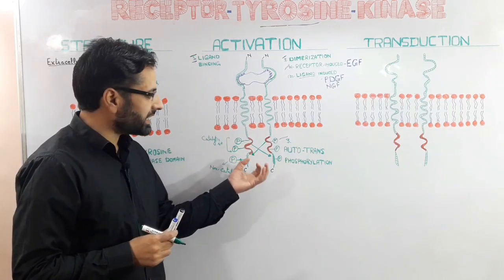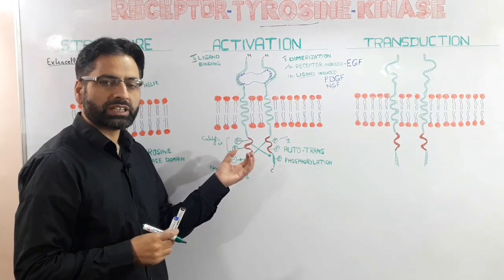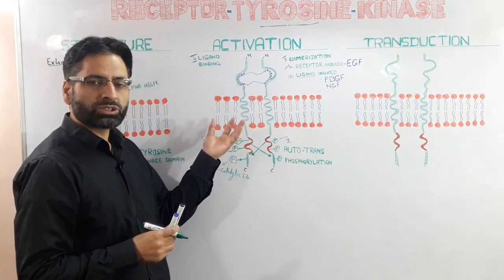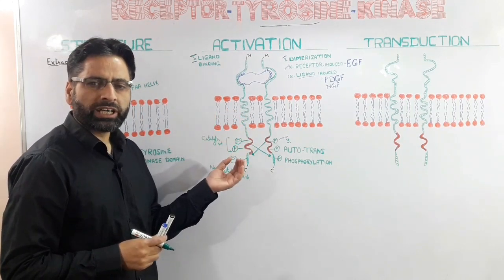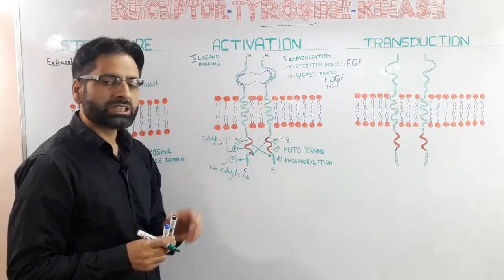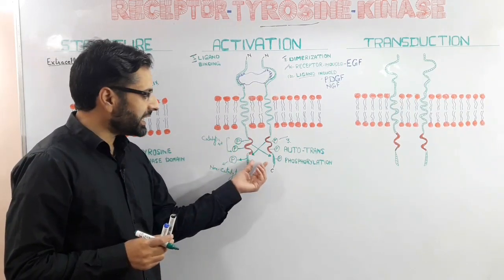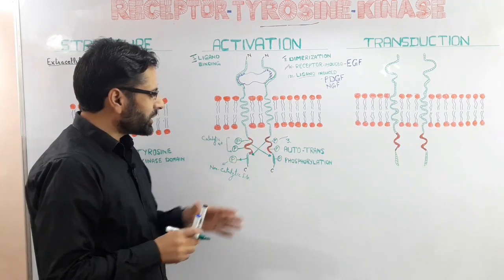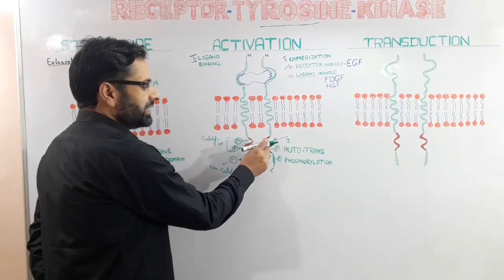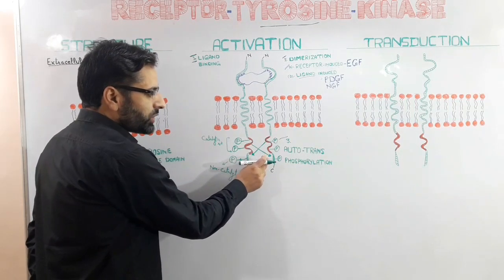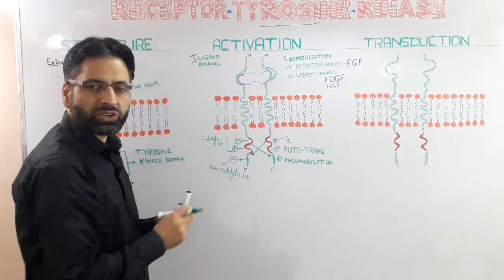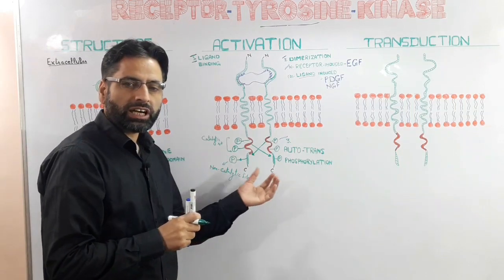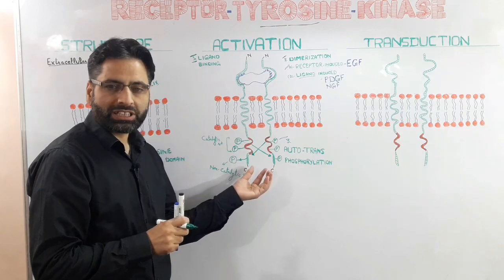This increased tyrosine kinase activity occurs because of the conformational changes induced by the signaling molecule binding, which then leads to the formation of these dimers. This increased activity phosphorylates the tyrosine amino acids. The tyrosine amino acids present in the catalytic site as well as the non-catalytic site are phosphorylated. Now they have a phosphoryl group attached to the hydroxyl group of these tyrosine amino acids.